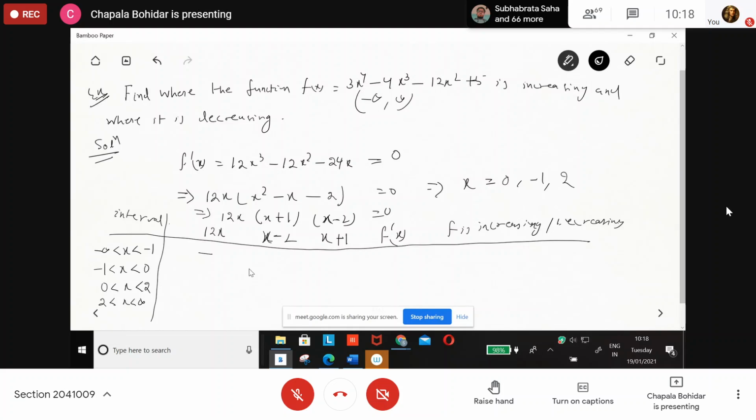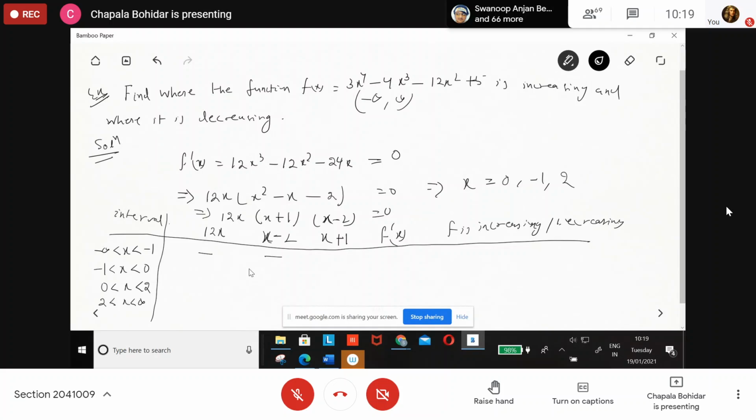On this interval, this value is negative, yes, because you see all the values are negative, then plus negative. So we get a negative value. Now on this interval, less than minus 1 means it may be minus 2, it may be minus 1.5.